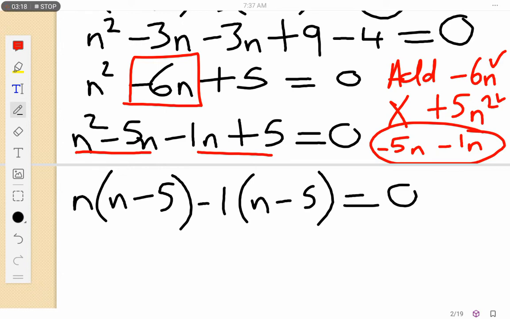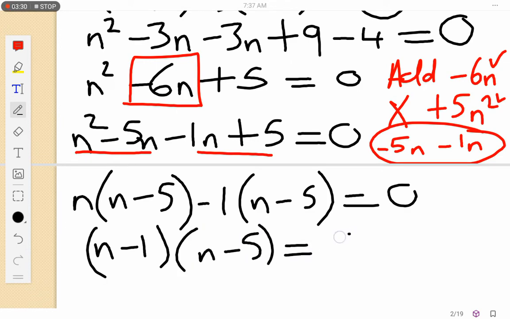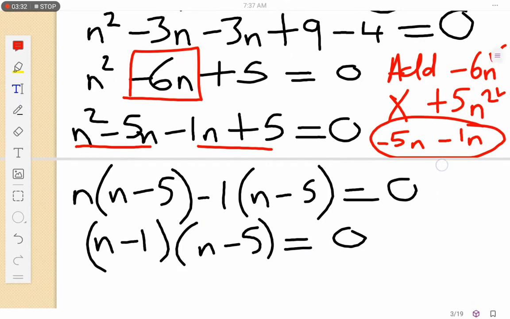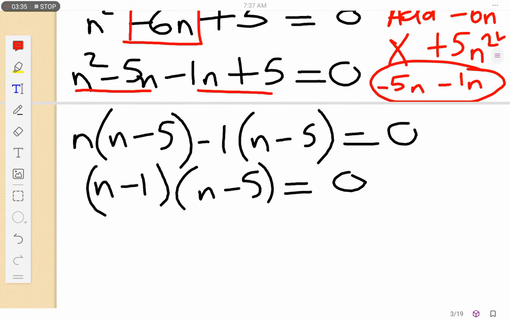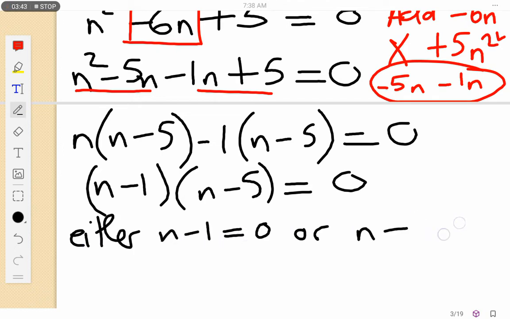So when I have it like this, I can now say n minus 1 is a factor and n minus 5 is a factor, which is all equal to 0. And we can easily say either n minus 1 is equal to 0 or n minus 5 is equal to 0.